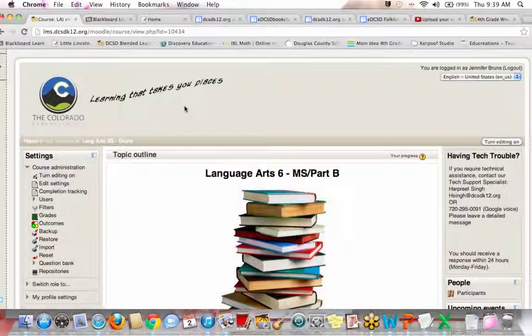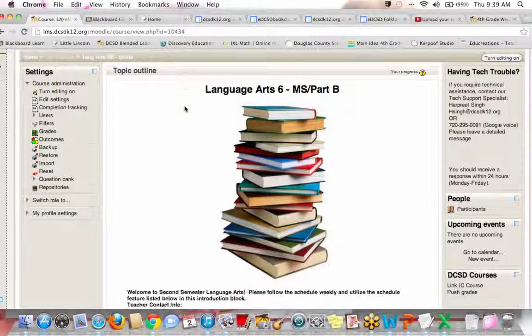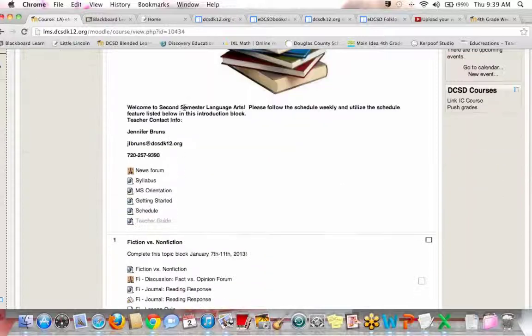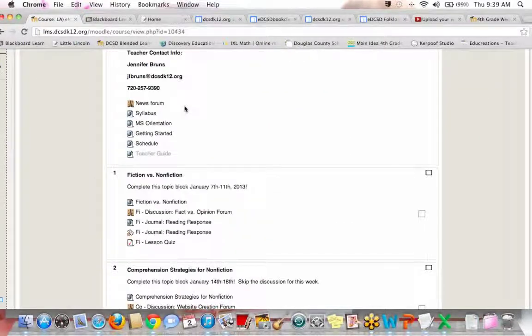In 6th grade, just like a regular middle school, they have a different course for every subject. And so we're looking at the language arts class. And in 6th grade, they use the Adventa curriculum. And so you'll see topic blocks where I will assign a different, I'll say topic every week.